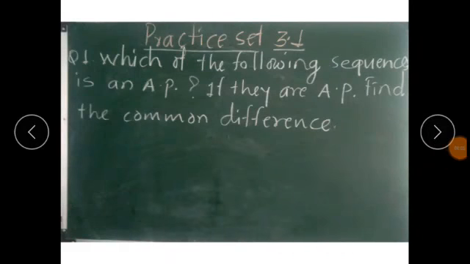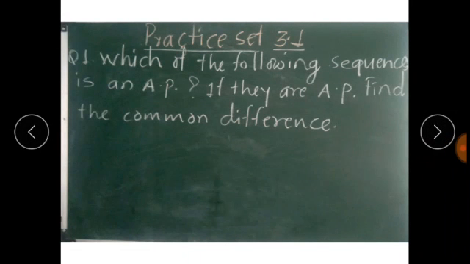Hello children. In the previous introductory video, we have seen the basic concepts in lesson number 3, arithmetic progression. We saw what a sequence is, the definition of a sequence, and the different types of sequences.